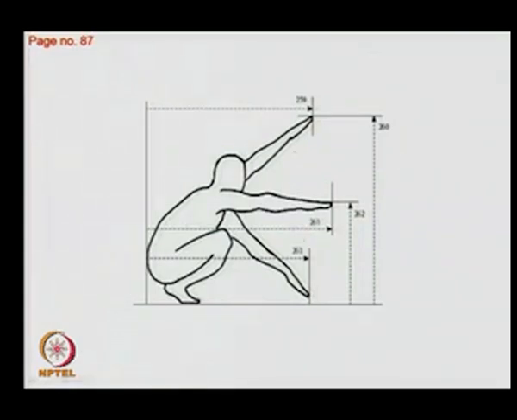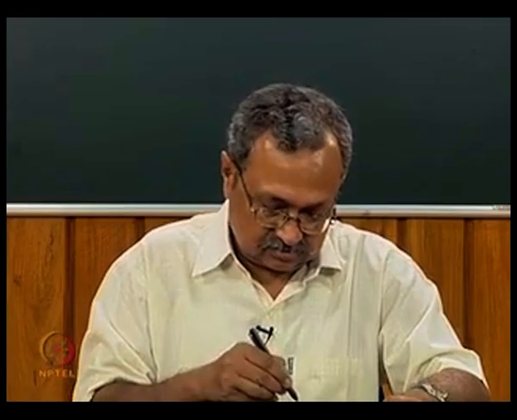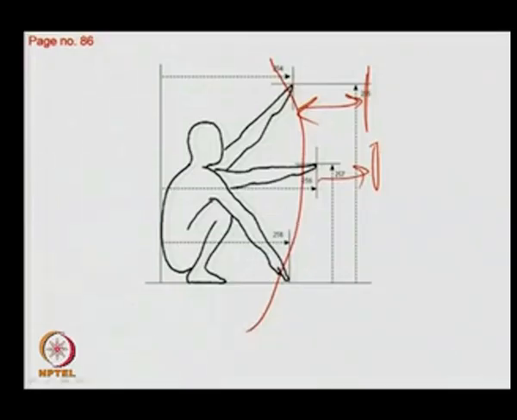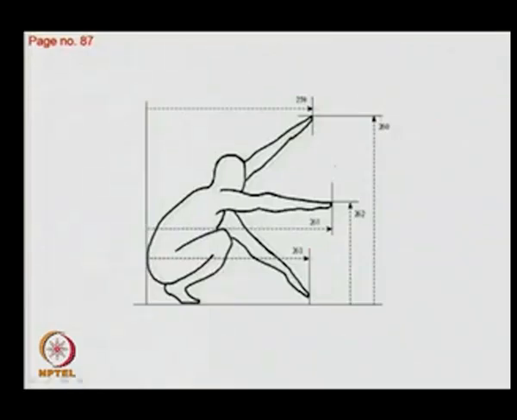So, if we have to design something like a handrail, then this dimension and the bending dimension, somewhere in between we have to keep it. So, if this is the erect position and if this is the bending position, then within this space we have to keep the handrails.